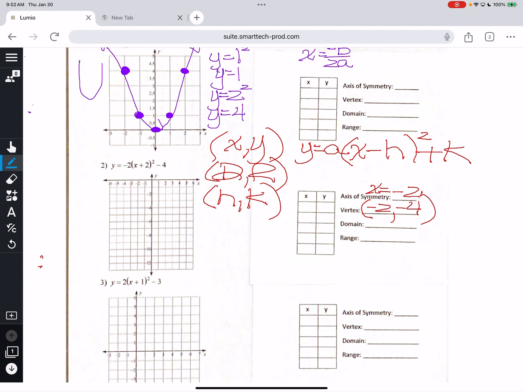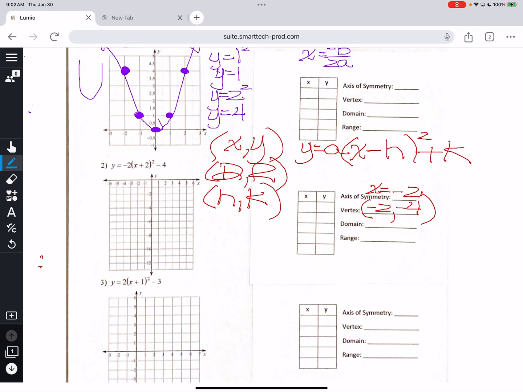Now if we're in that format and you're told to put it in standard form, how would you put this in standard form? You work it. You use PEMDAS. Do we have any parentheses? Yes, but can we do anything inside the parentheses? It's x plus 2. I mean, if we knew x, yes, but we don't. So what's the next thing we do?